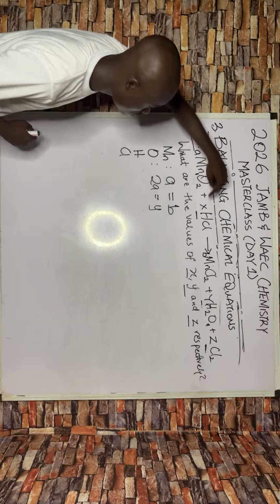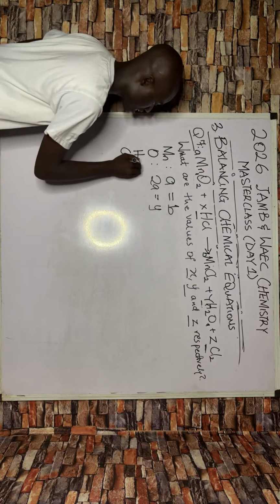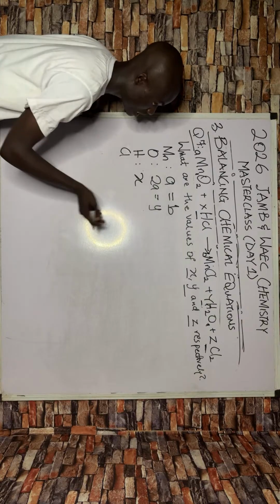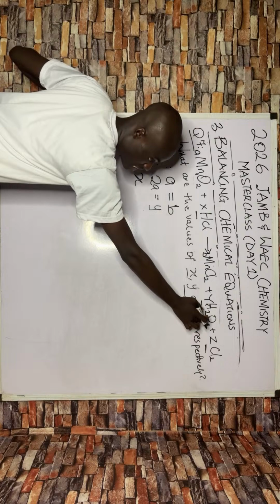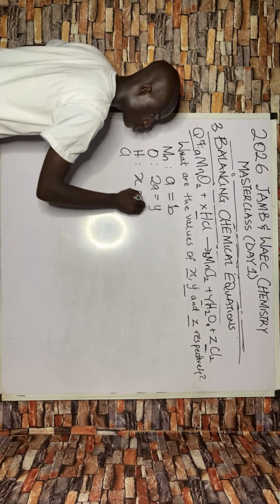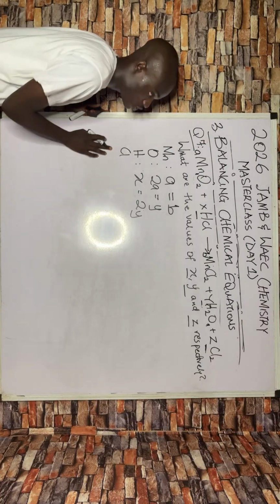Then for hydrogen, we have 1 atom of hydrogen times X, which is X. There's no hydrogen here, but there's hydrogen here. Then 2 times Y will give us 2Y. Then the last element is chlorine.